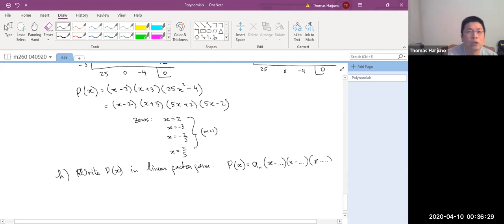In other words, we don't allow coefficient 5 here. We'll pull it out. So p(x) equals the leading coefficient 25, x minus 2, x plus 3, x plus 2/5, x minus 2/5.